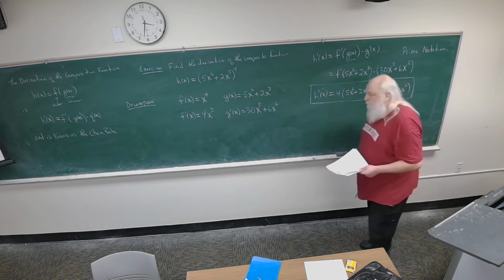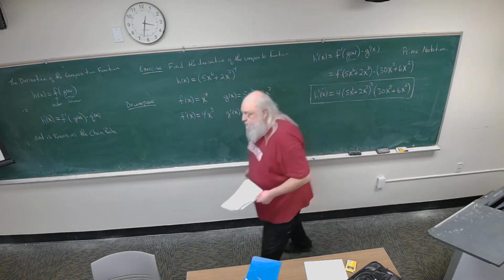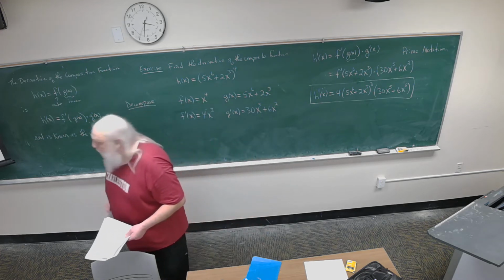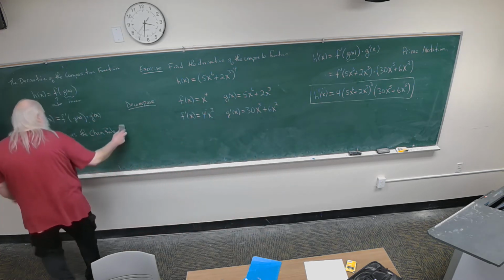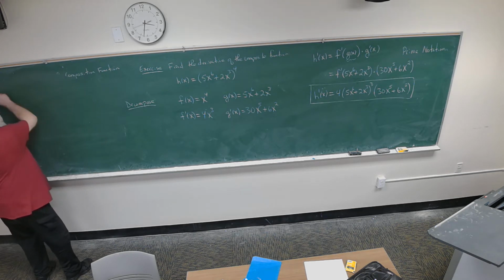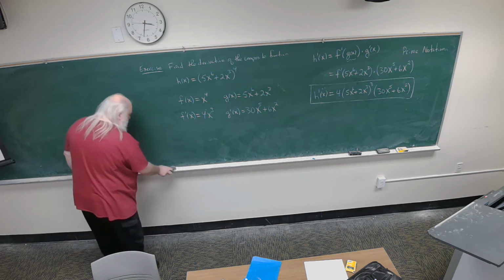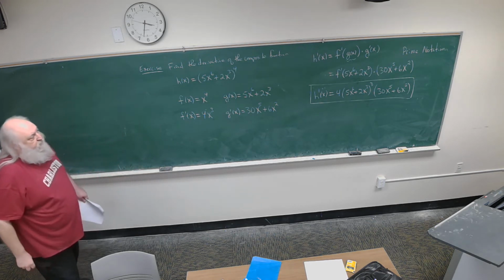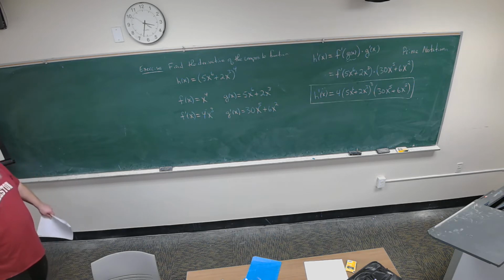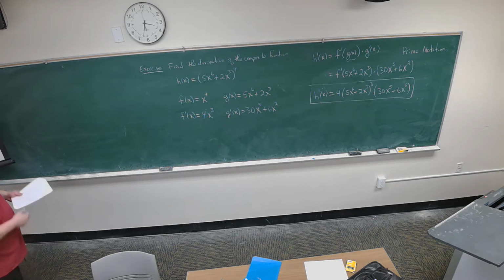But you remember there's that guy by the name of Leibniz, in Germany, who developed calculus at the same time as Sir Isaac Newton in England. He came up with the derivative of a composite function. He came up with the chain rule using his notation. So we're going to do these two derivatives over again using Leibniz notation, okay?